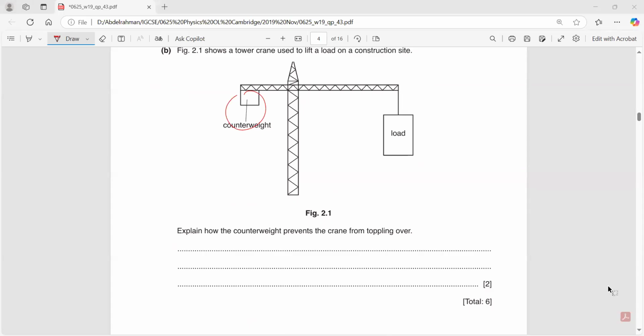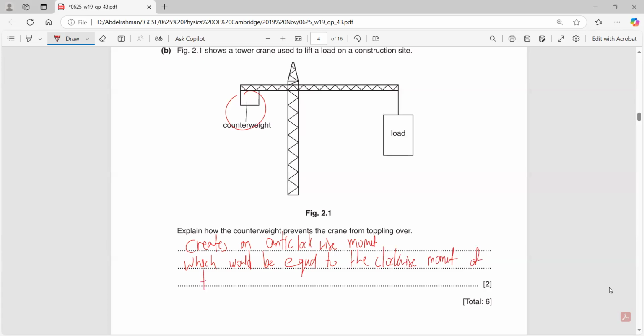It creates an anti-clockwise moment, which would be equal to the clockwise moment of the load.